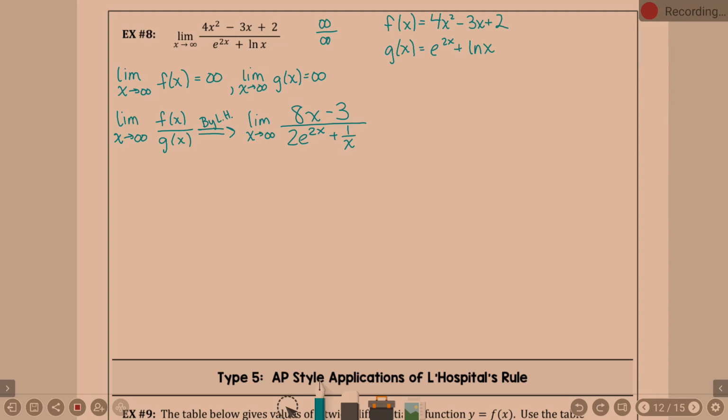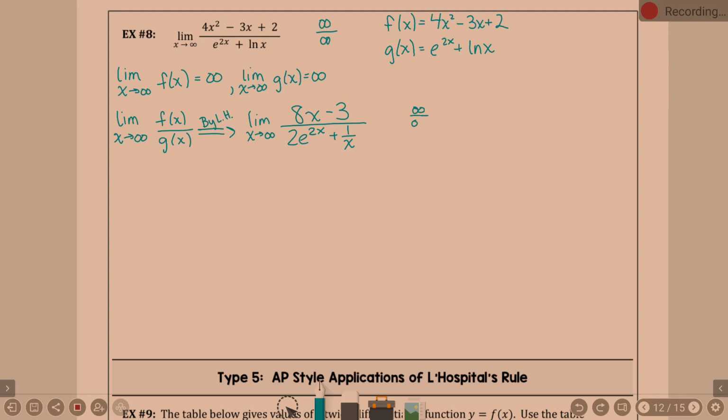So thus 2e to 2x. Okay, guys. I want to guess it. Well, I'm looking at seeing some infinity over infinity action here. Yeah, I agree. Eight times infinity, there's infinity. 2e to the 2x, there's infinity, yes. So are we at the same thing again? Okay.